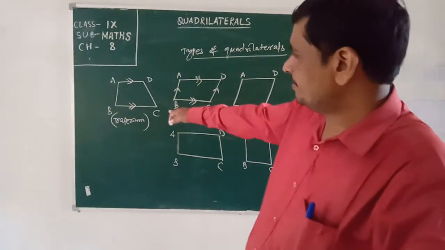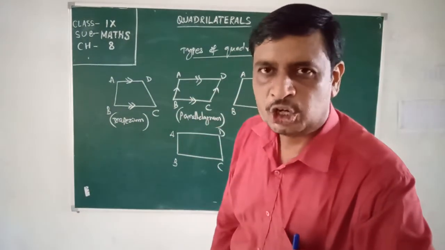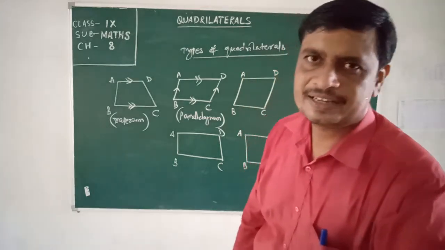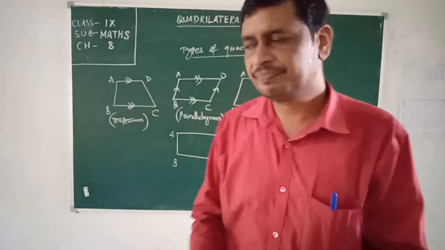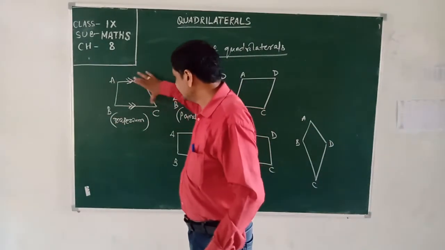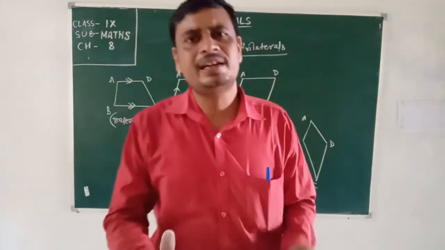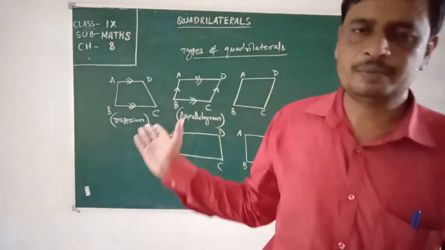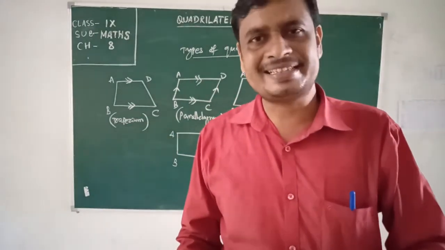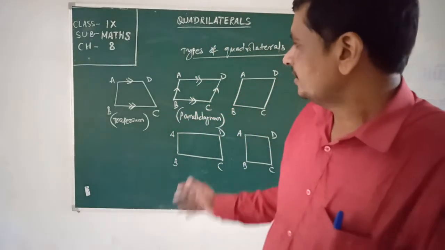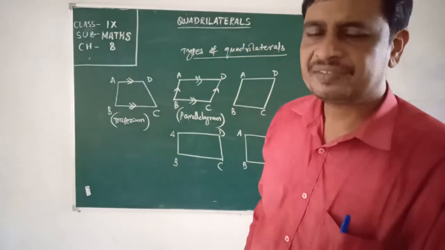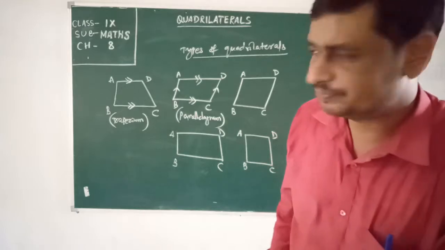In case of trapezium, the two non-parallel sides may be equal, may not be equal. Here AD and CD may be equal, may not be equal. If both the non-parallel sides become equal in length, then the trapezium is said to be isosceles trapezium.